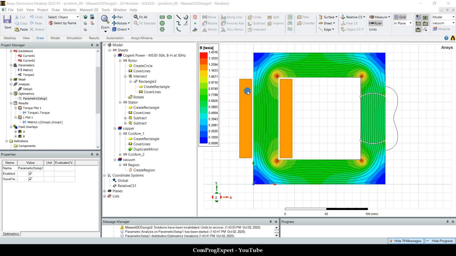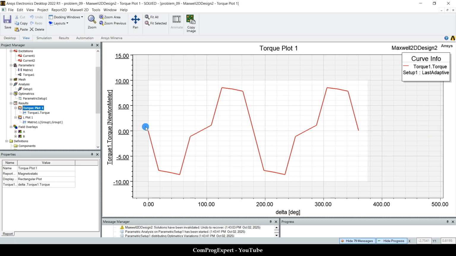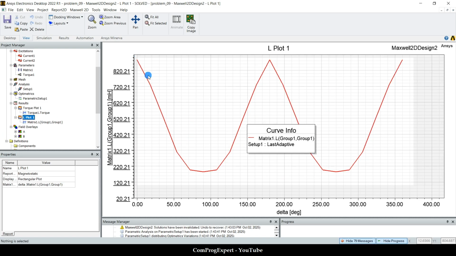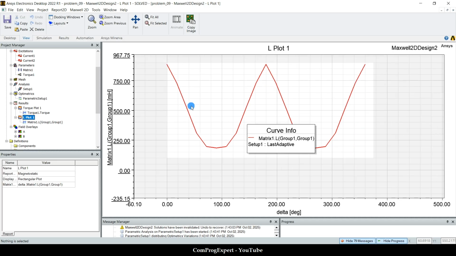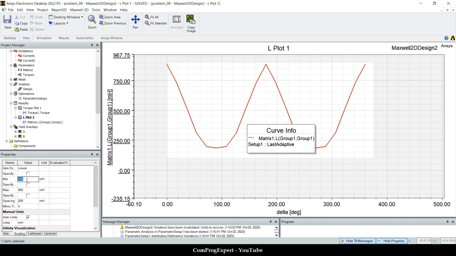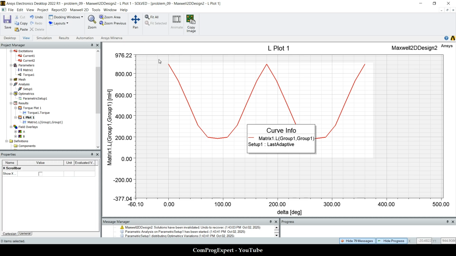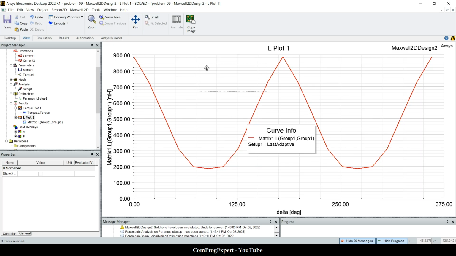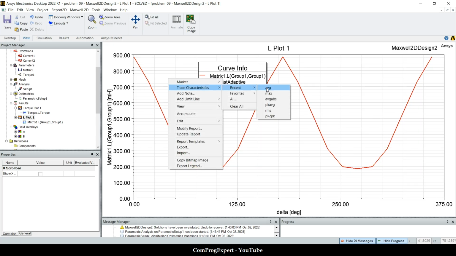So now let's check the numbers. Here you can see the variation of the magnetic torque and the variation in the value of the inductance. Okay, so here if we set the minimum value to 0 again, you can approximate this function with a cosine function. We have a constant value, an average value, for this function. What is the average value?